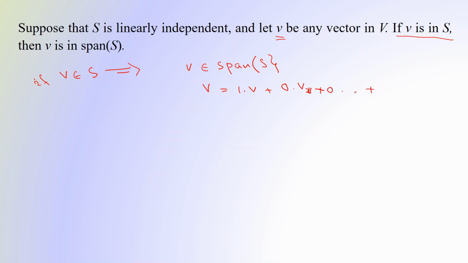So v can be written as a linear combination of vectors of S, which means v belongs to the span of S.